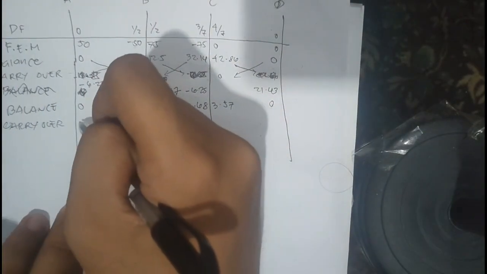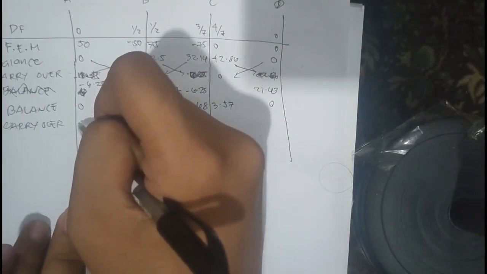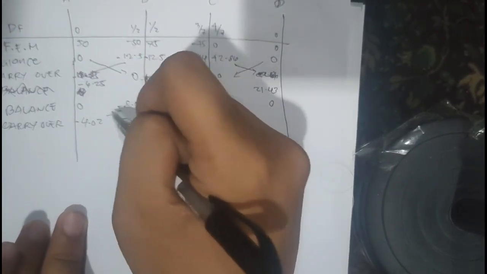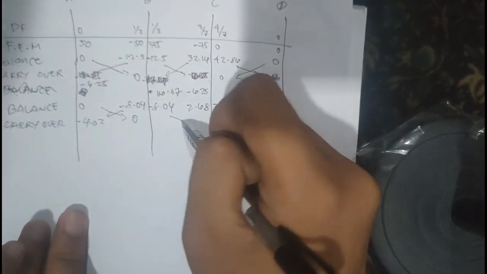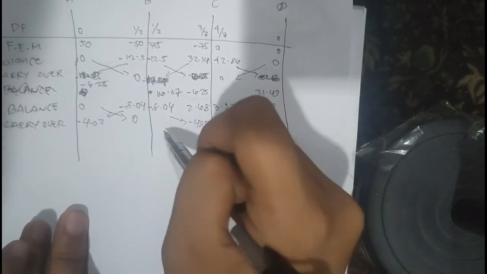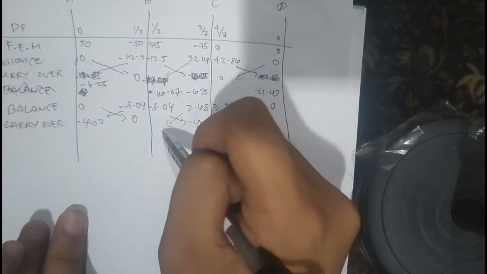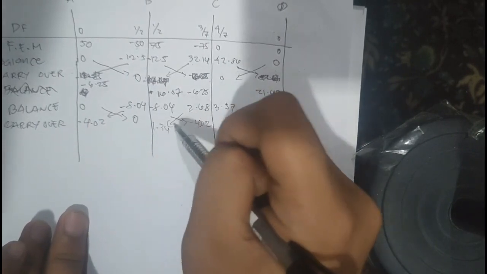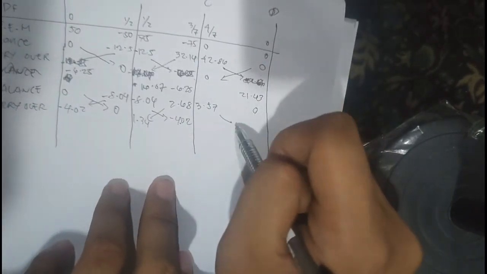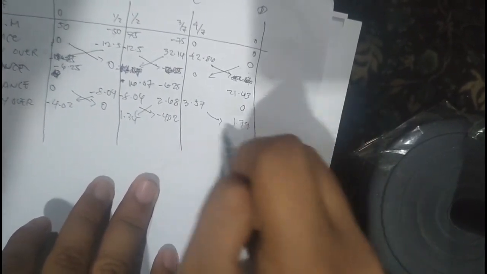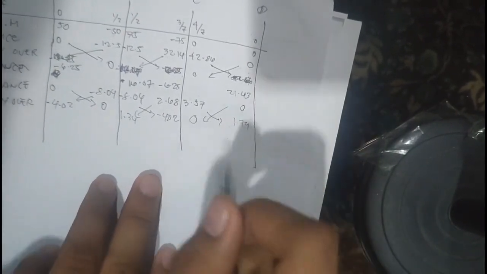Ang half niya goes to negative 4.02, 0, negative 4.02, 1.34. Diri is 1.79 and 0.